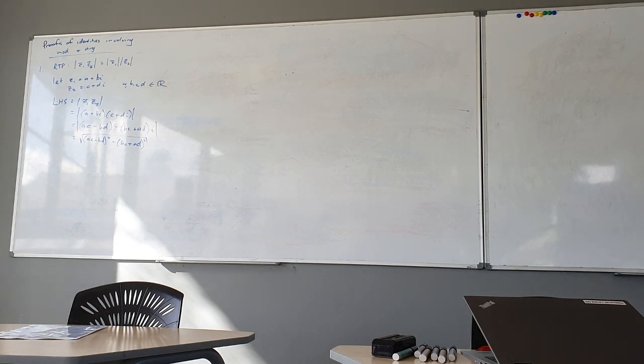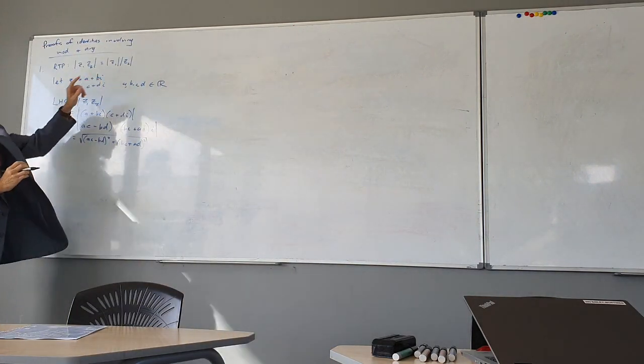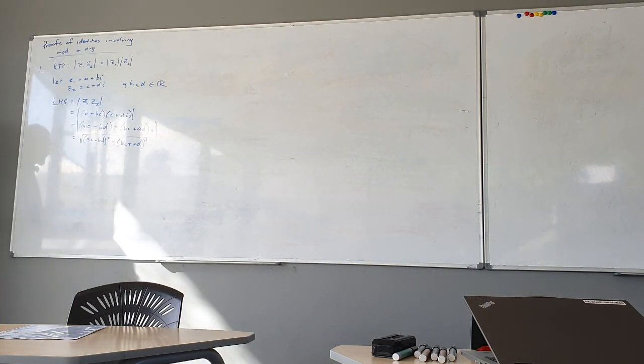Real part squared plus imaginary part squared. Yeah, it's going to be a mess of letters. And then you're going to go back and do the same thing on the right-hand side and show you get the same mess of letters.